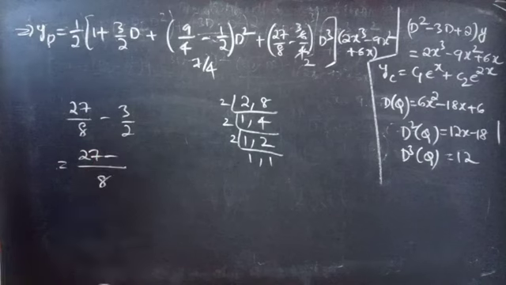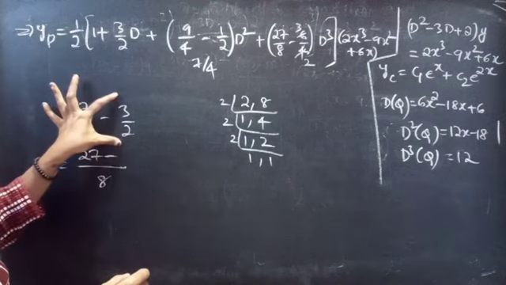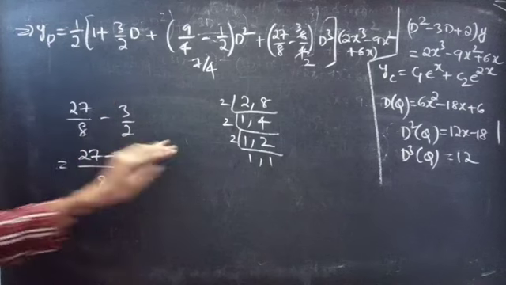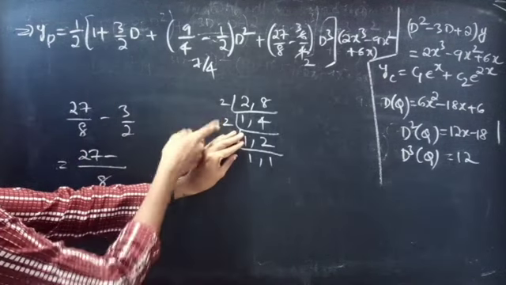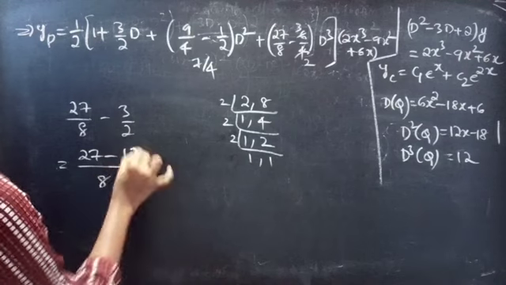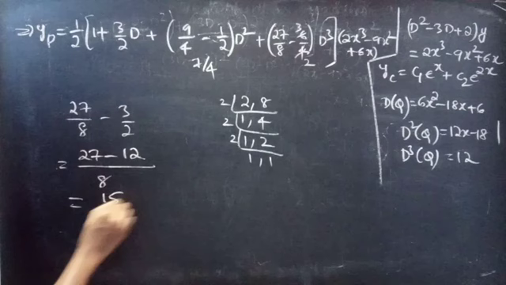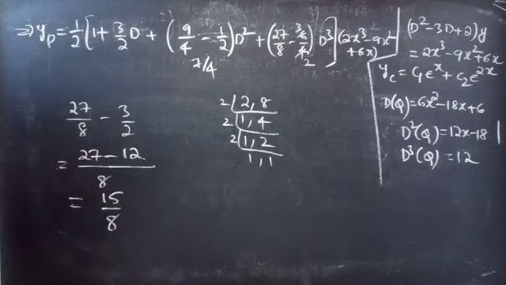The numerator will get 27 minus, in the denominator of the second term you are having 2, so multiply 2 2s are 4. Multiply 4 to this 3, you'll get 3 4s are 12. 27 minus 12 is 15 by 8.